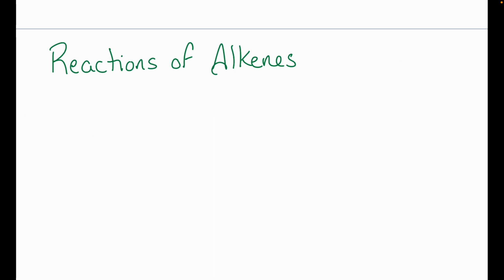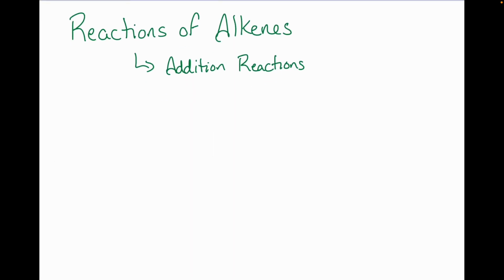And we're going to see the same thing for our dienes as well. So these are going to be addition reactions. All right, so what do we mean by that?